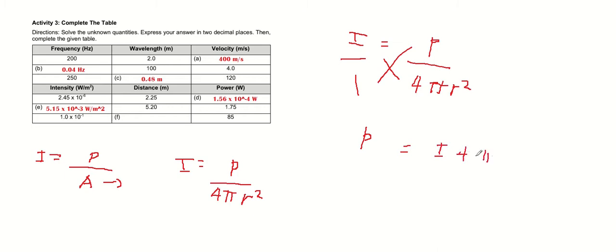So, kung gusto mong matira is yung R lang, kailangan mong mag-divide. So, I 4 pi. So, cancel yan. Matitira r squared na lang. So, dito rin, I intensity times mo dun sa 4 pi.